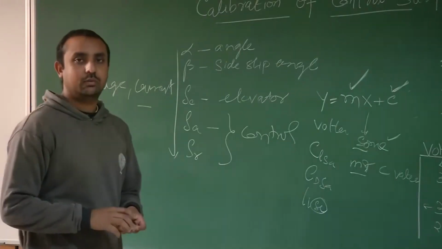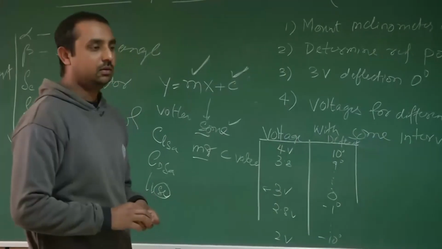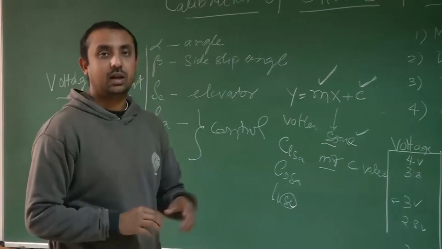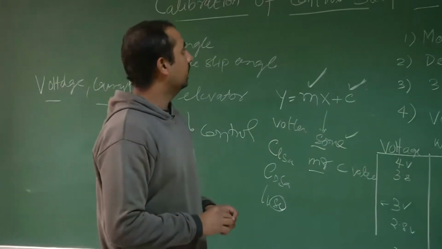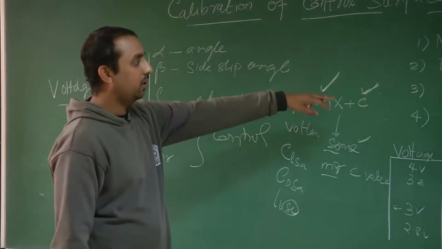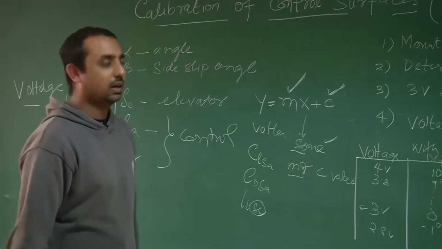So for this experiment, we have derived the relation between voltage and deflection. We'll be seeing that while we perform experiments live. Then you can see what assumptions we took, how to determine the reference point, how to deflect the surface, and what voltages we are getting. Thank you.